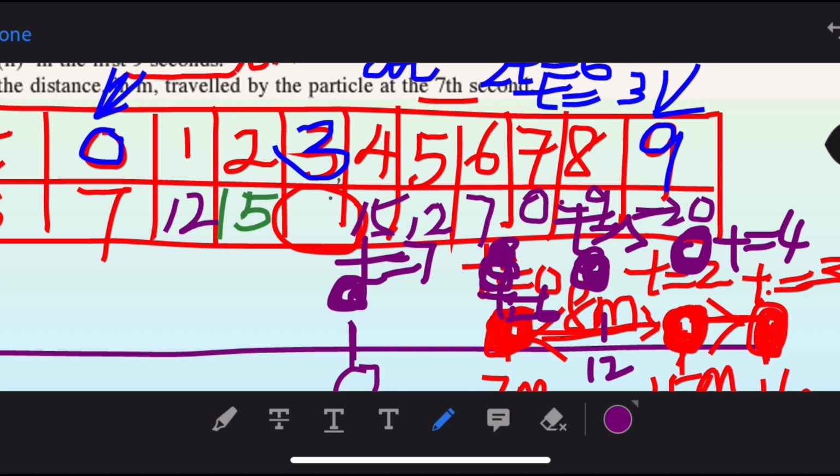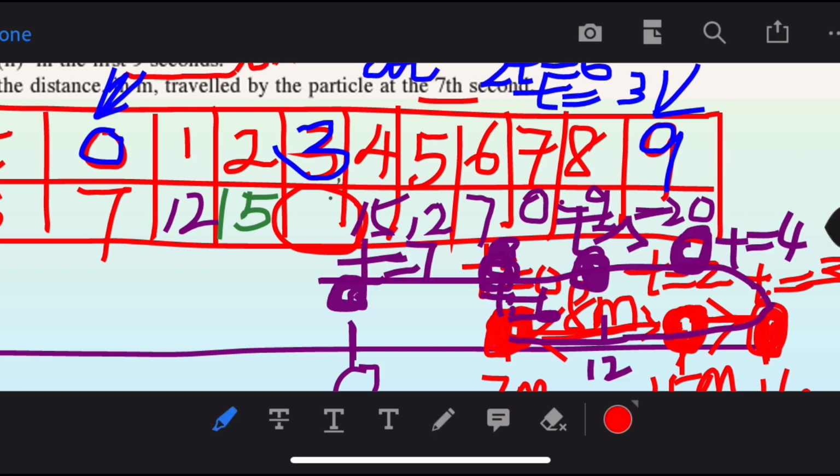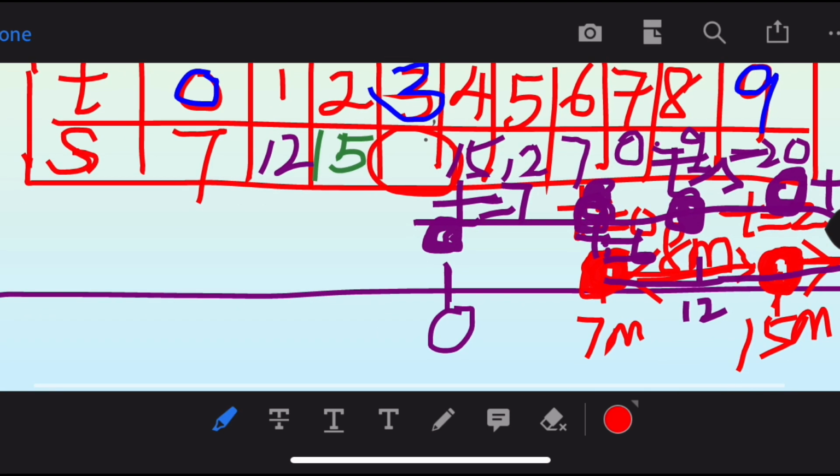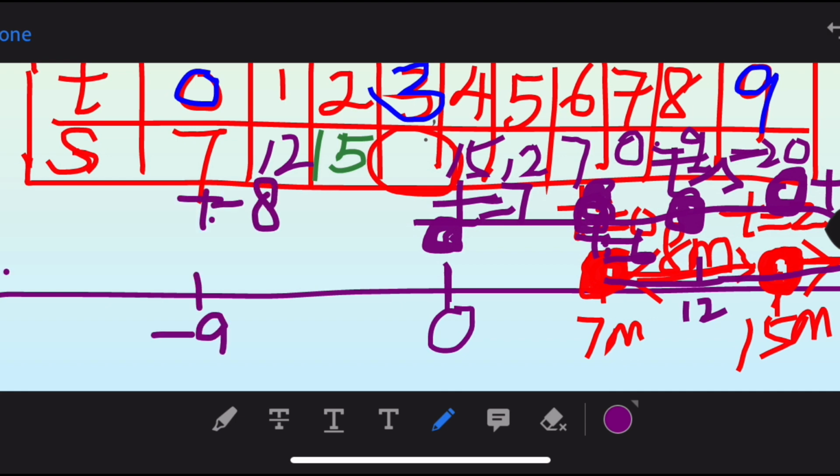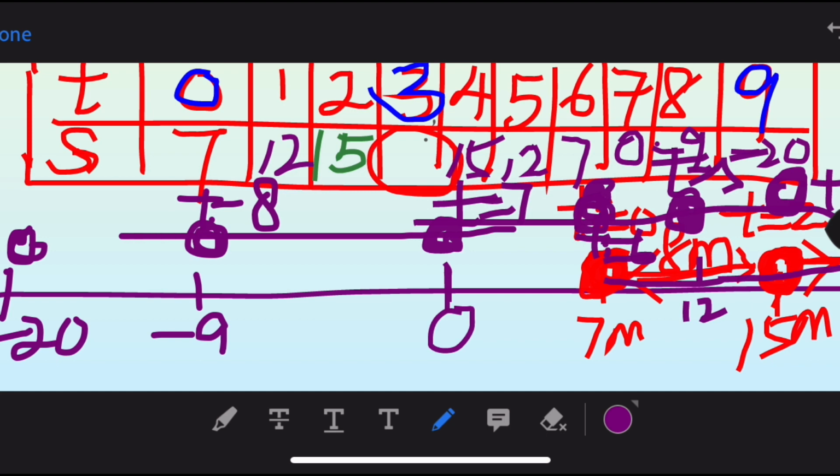So the particle is actually moving like this, go, then come back here, and then after that t equal to 8 is -9, t equal to 9 is -20 here, right? The particle is moving in such a way. Right, okay, so it moved from here to here.